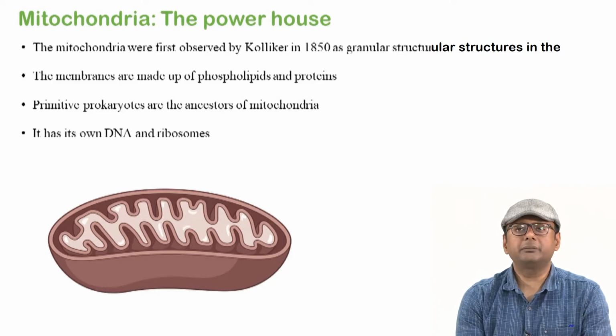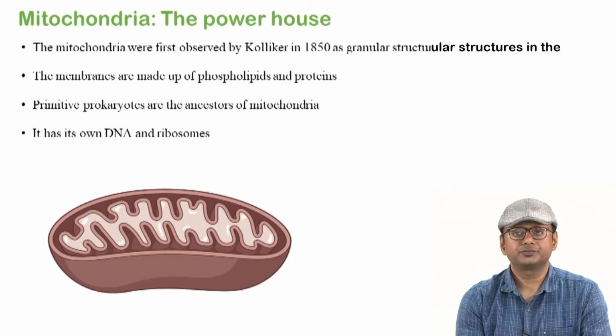The membranes are made of mostly the same phospholipids and protein. Primitive prokaryotes are ancestors of mitochondria, and very interestingly mitochondria has its own DNA and ribosome. This is very important, that mitochondria has its own DNA along with the ribosome also.